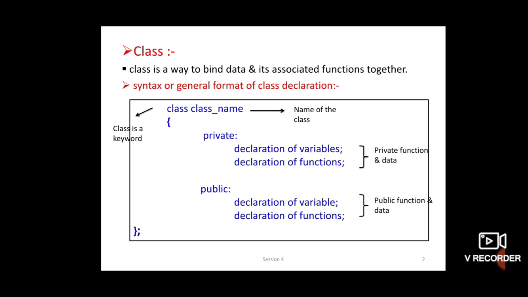Again public, colon, declaration of variables, semicolon, declaration of functions, semicolon, end, and after end write a semicolon. The semicolon after the braces indicates the end of class. Understood, students?